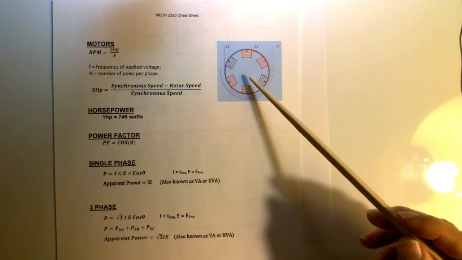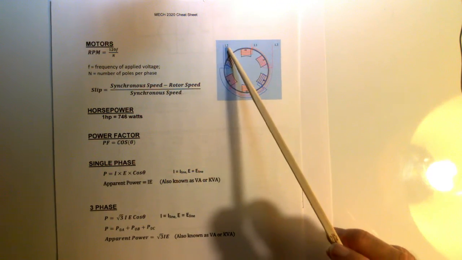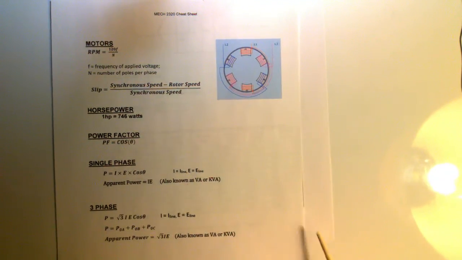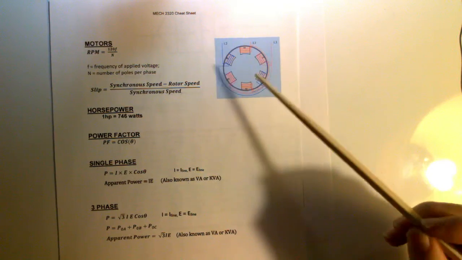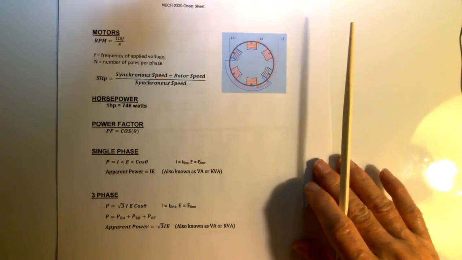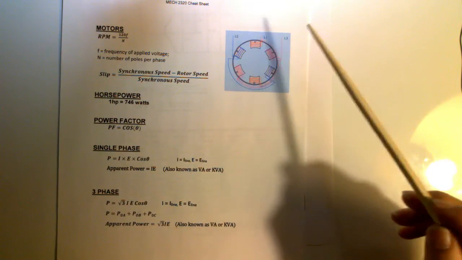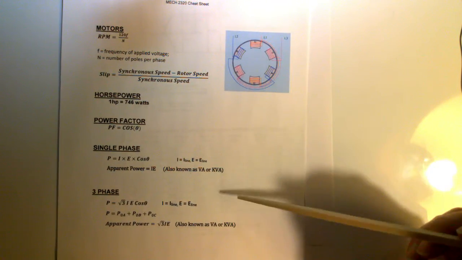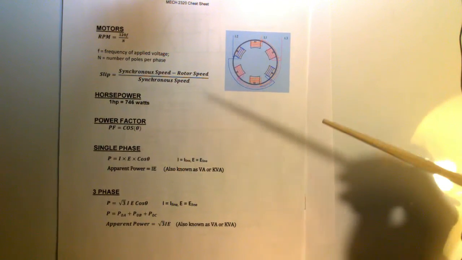This is the end view of a stator with the rotor removed. And I've got line 1, line 2, and line 3 electrical lines coming into the motor. And I have a total of 6 poles in here. But what I'm interested in is how many per phase. So if I've got 6 poles, 3 phases, I've got 2 poles in each phase.